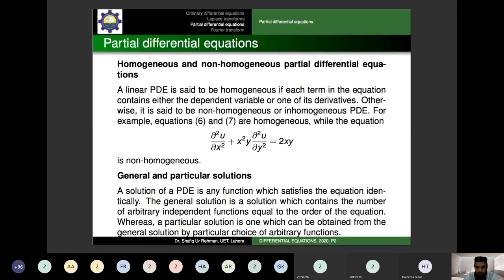If it is linear, then further we need to check if each term in the equation contains either the dependent variable or one of its derivatives.